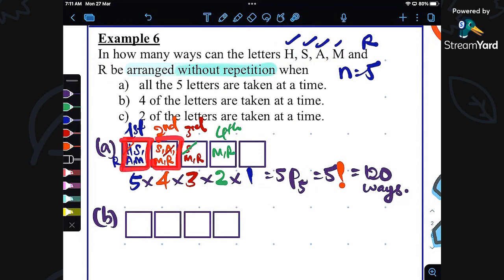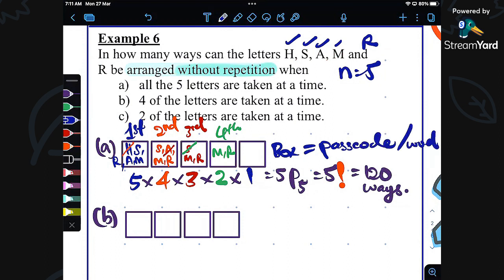dan kelima huruf ini tersusun di dalam 5 boxes ini. Okay, please understand what I meant by box. I'm talking about a real world example, sebenarnya dia adalah passcode ataupun password yang you nak create for your laptop or your computers or your phone, you know that?